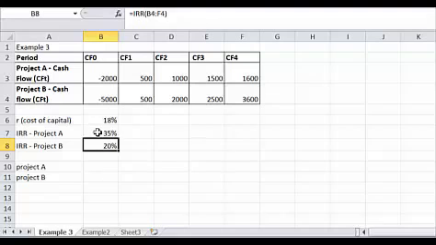For Project A, our IRR equals 35%, while for Project B, 20%. Both projects have positive net present value.